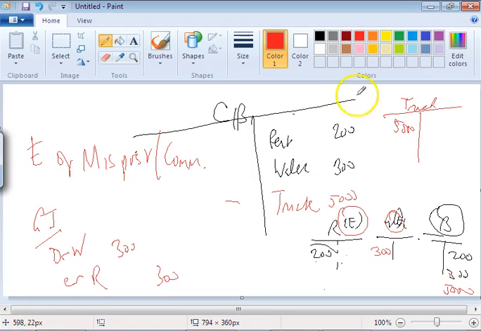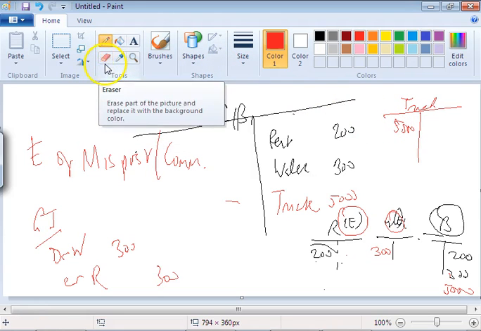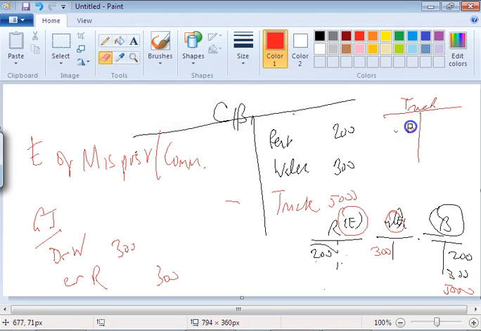But for some weird reason, you didn't put this 5,000 here. You put that 5,000 here under rent. All the debits are equal to all the credits, so the trial balance will balance, but this is wrong. What's even more wrong is that this truck is an asset.